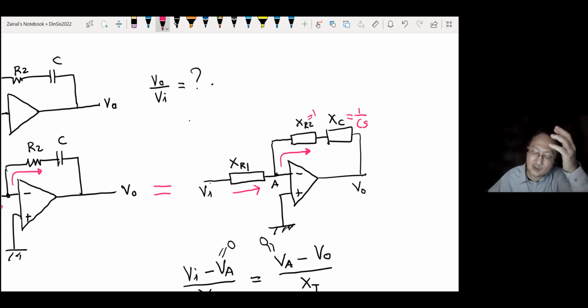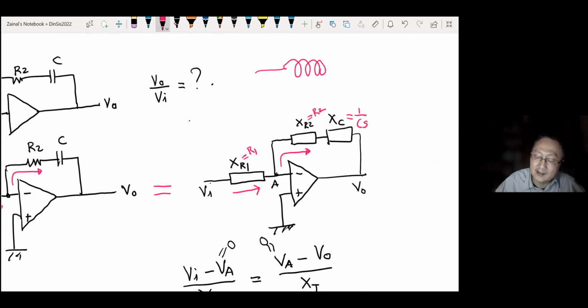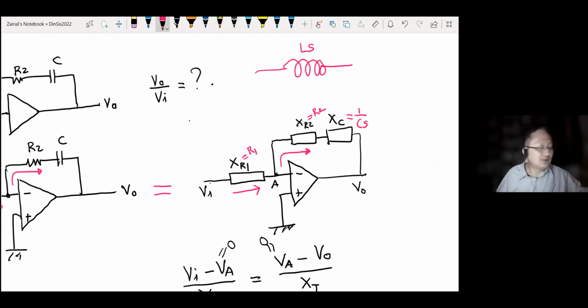This one equals R2, this one equals R1. If you have an inductor, then replace it with LS, which is simple. Any question? Ada yang mau bertanya? Silakan.